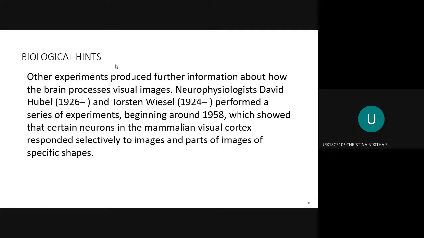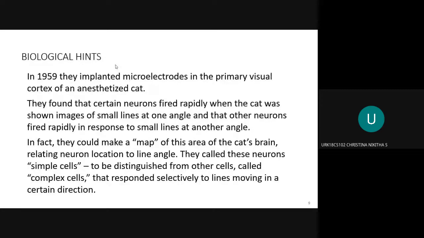Then there was another experiment where they used certain neurons in the mammalian visual cortex, which respond to only certain images or certain parts of specific shapes. There was another experiment where they implanted microelectrodes in the cortex of a cat.